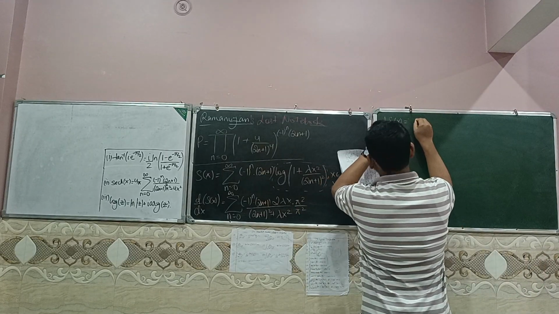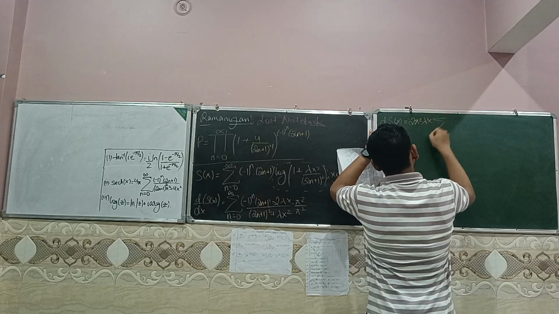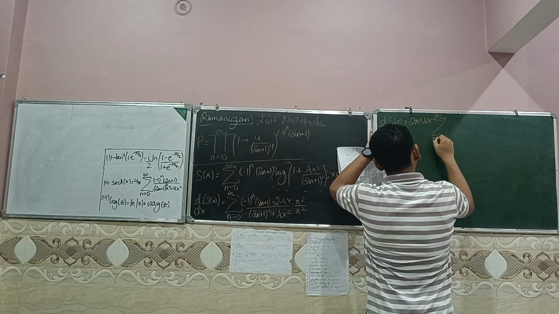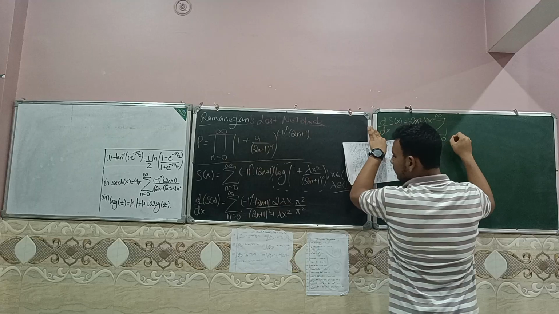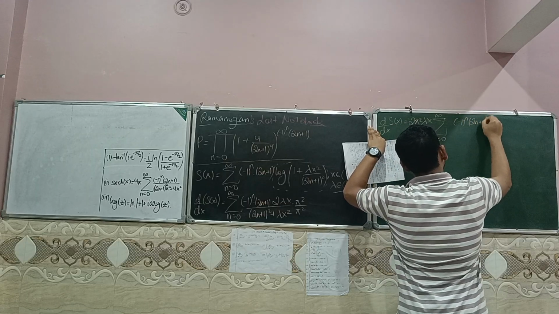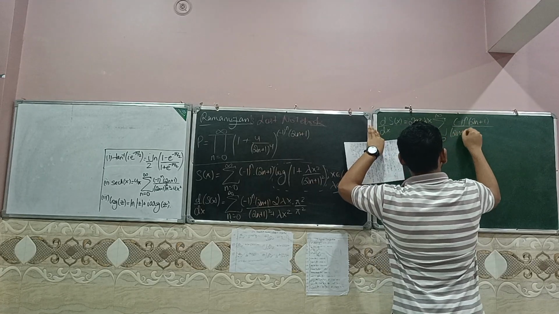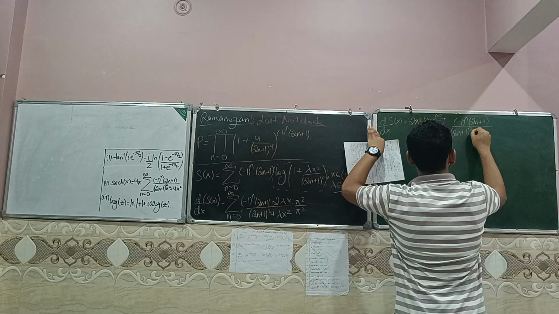So it's 2 pi squared lambda x times the series as n goes from 0 to infinity of negative 1 to the n times 2n plus 1 over 2n plus 1 whole squared pi squared.